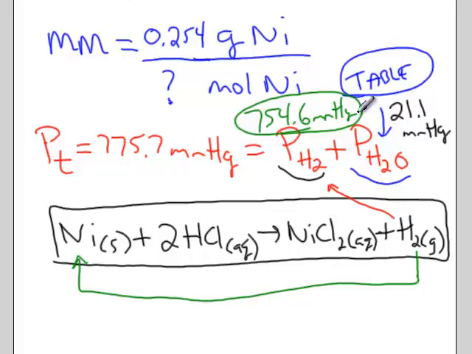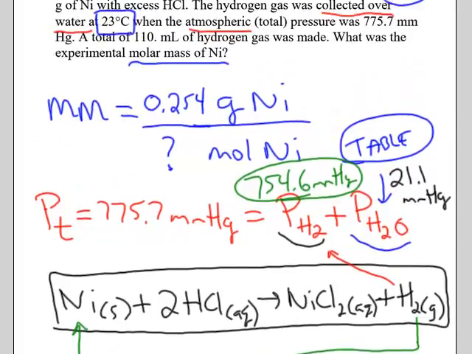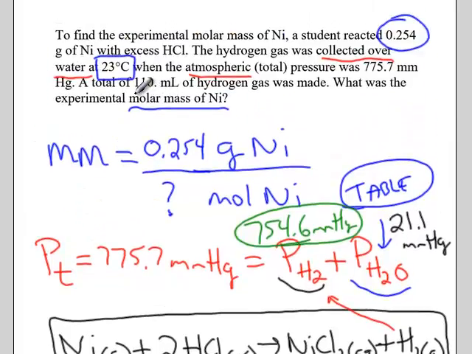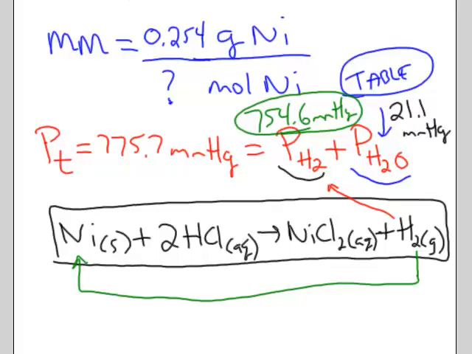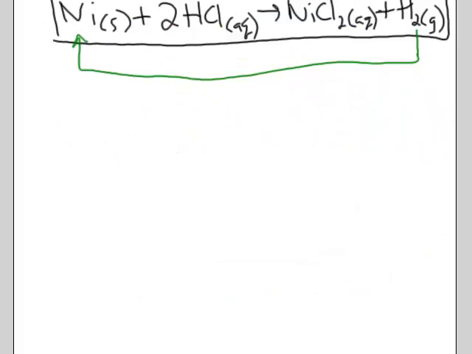And we know the pressure of the gas, we know the volume of the gas, we know the temperature, so we can use PV equals nRT to find the one variable we don't know, which is the number of moles n of this gas.